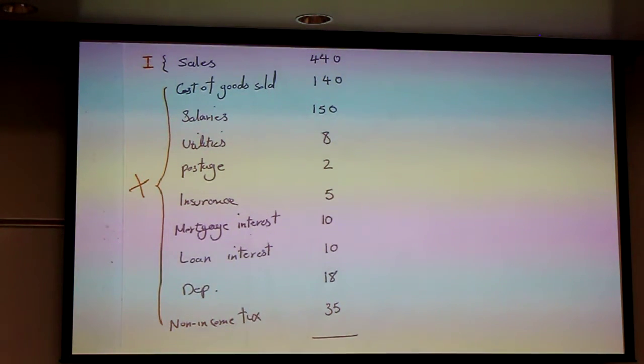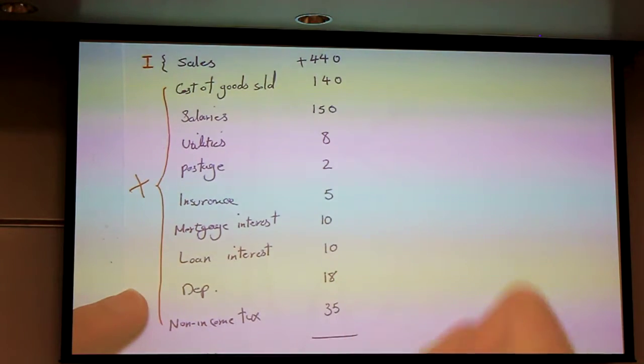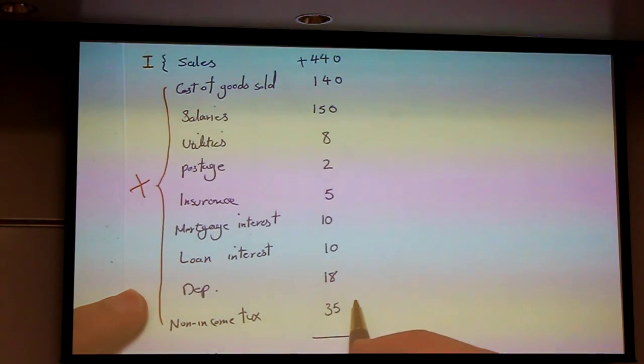Sales as my income comes first, then we subtract all of my expense items from my sales to have taxable income. Taxable is how much? This is positive, all these guys are negative. Should be 62. I have 62 here. Did anyone do the calculation? 62? Thank you.